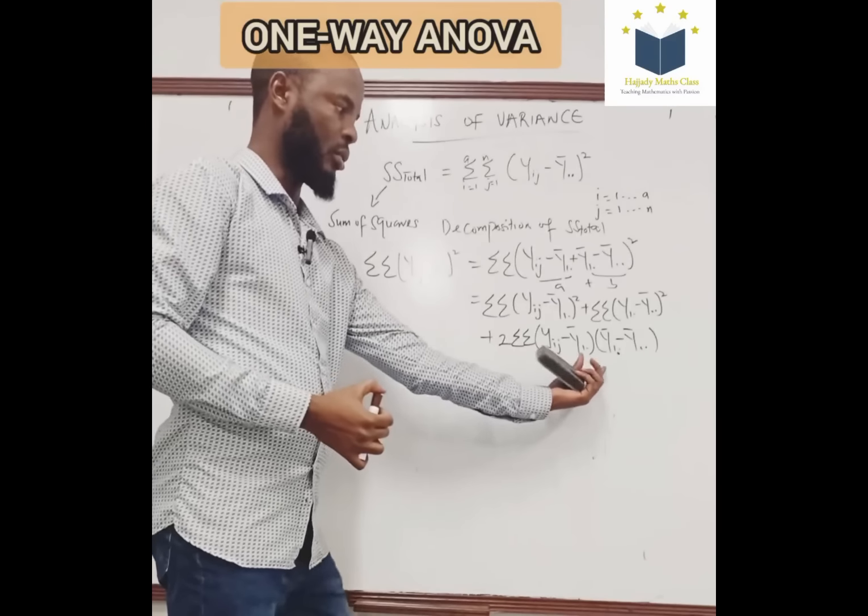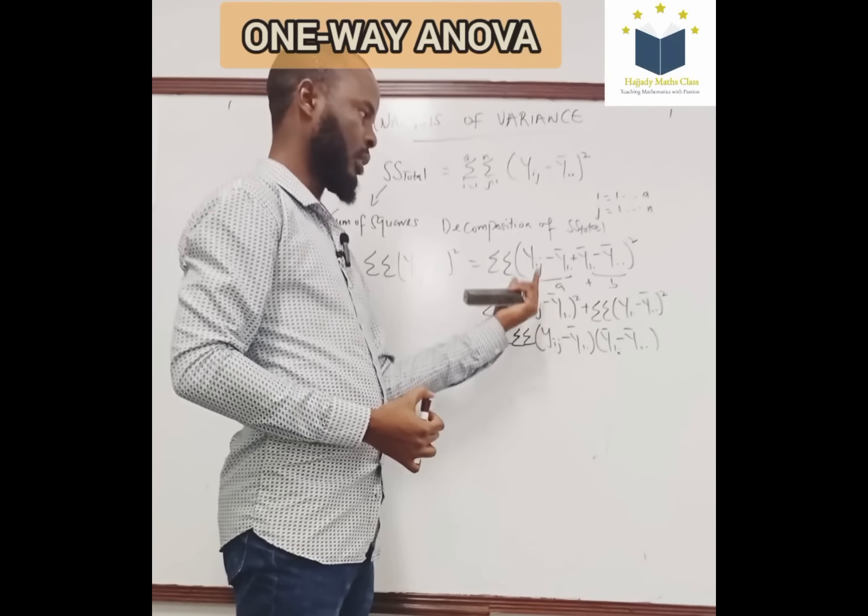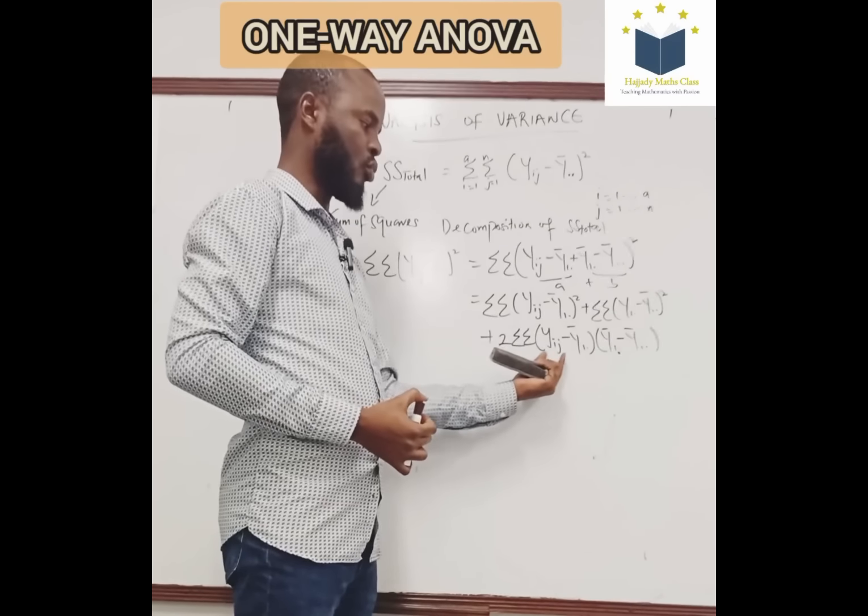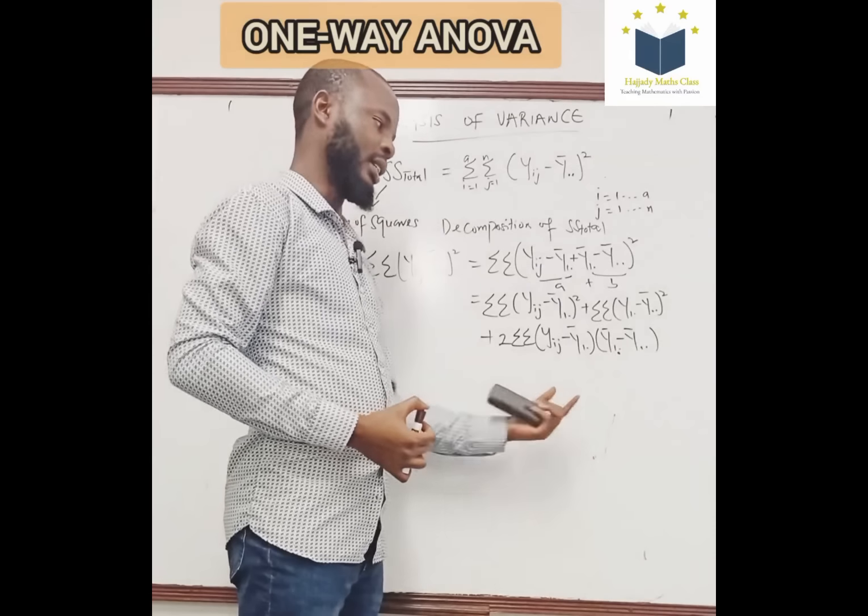This is the same thing as the cross product. A squared plus B squared plus 2AB. This is just what I did.